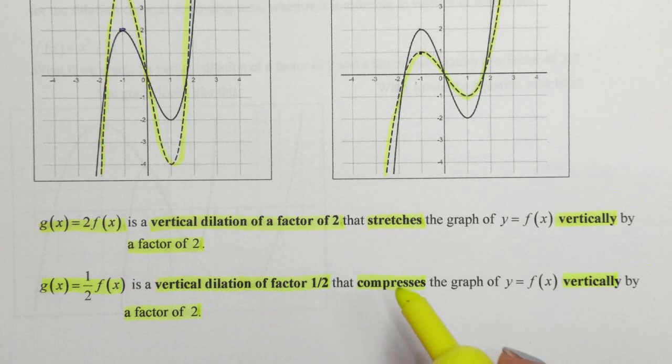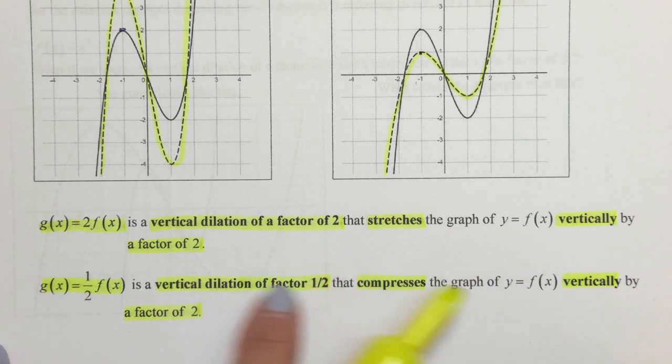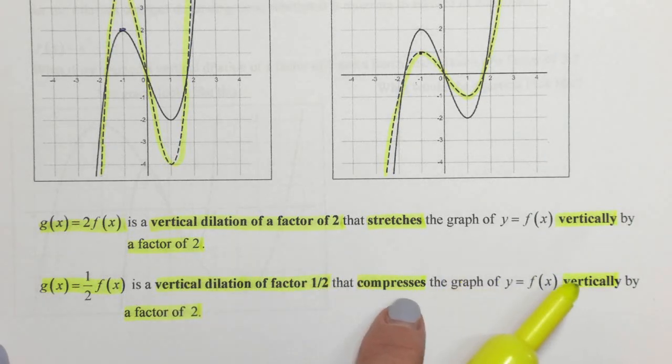It does not compress by a factor of 1/2. That would be saying, like, I lost -2 pounds, okay? That's like you're double doing it. It dilates by a factor of 1/2, which means it compresses vertically by a factor of 2.